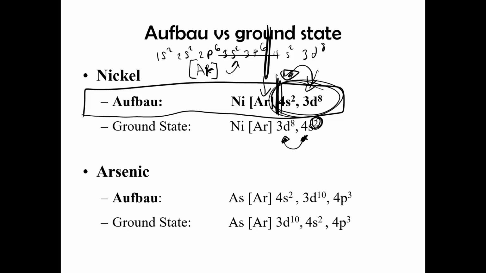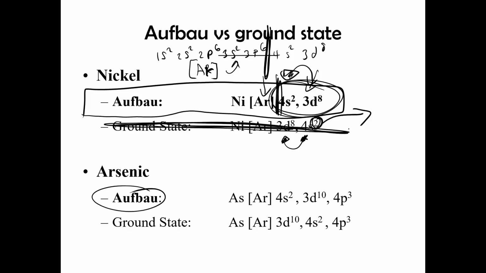So it's going to be the s electrons that are going to go poof. All right. But for now, we are just going to stick with Aufbau, right? We're not going to worry about ground state. If you've got some available brain cells, shove that in there, or maybe just store it there for later. It'll help you. Okay, so again, let's get rid of this ground state here and just look at Aufbau.